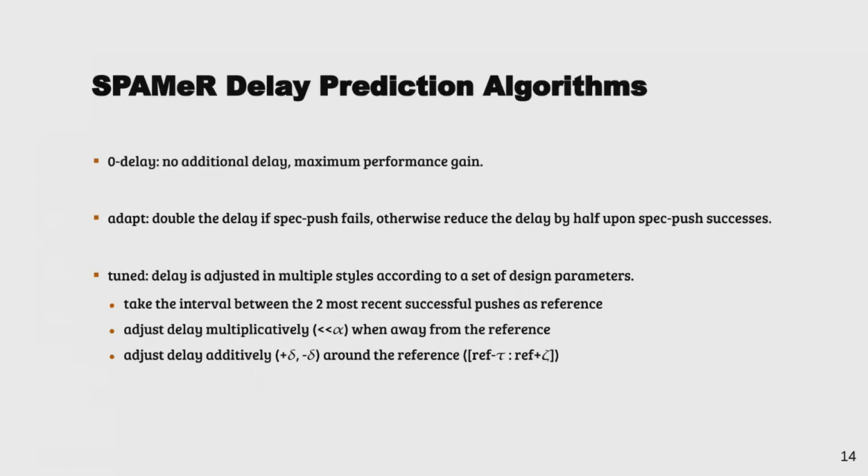When it falls outside the threshold, we adjust the delay in a multiplicative way, just like the adapt algorithm. But if it is closer to the reference, we gradually increase the delay with a fixed step delta. There are some design parameters in this algorithm, such as the thresholds and the step delta. So we call it a tuned algorithm.